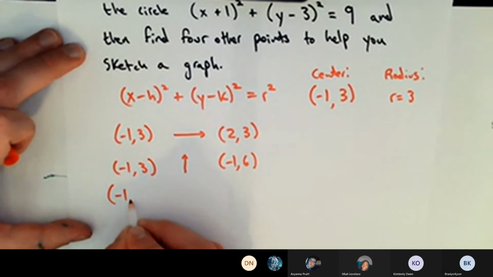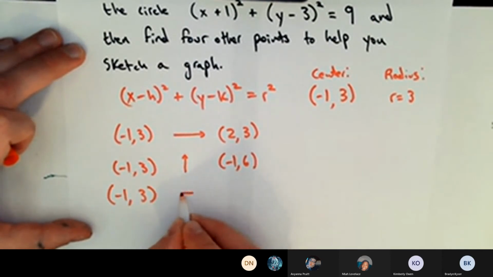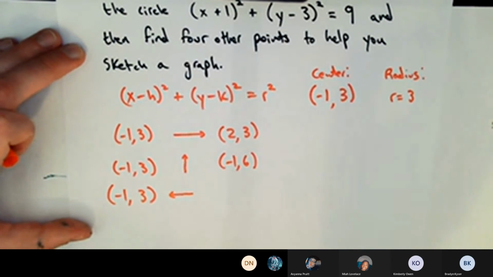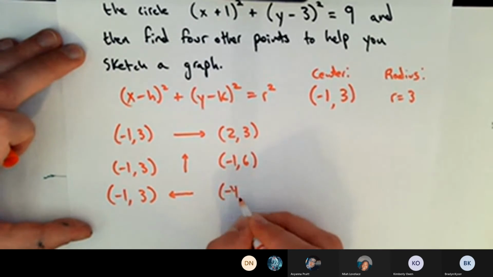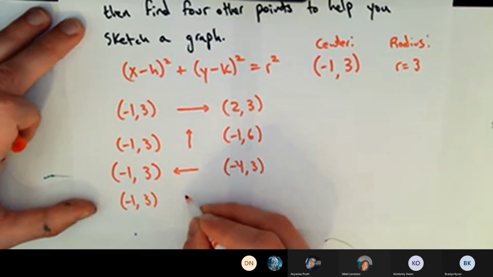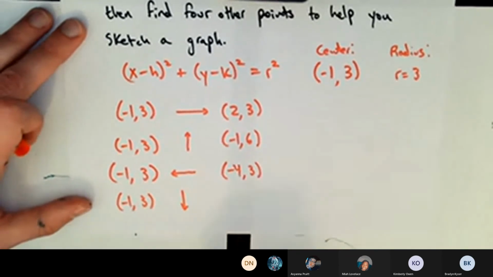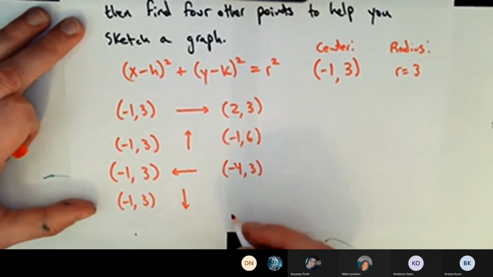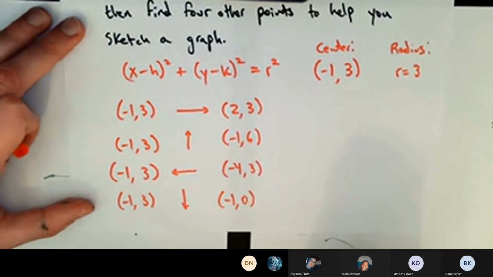Now I'm going to take my center and go left. Going left is subtracting 3, that radius, from my x component, giving negative 4 comma 3. And then going down 3 corresponds to subtracting 3 from the y component.